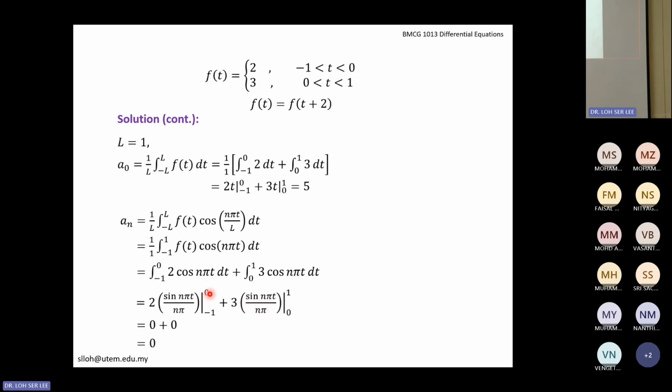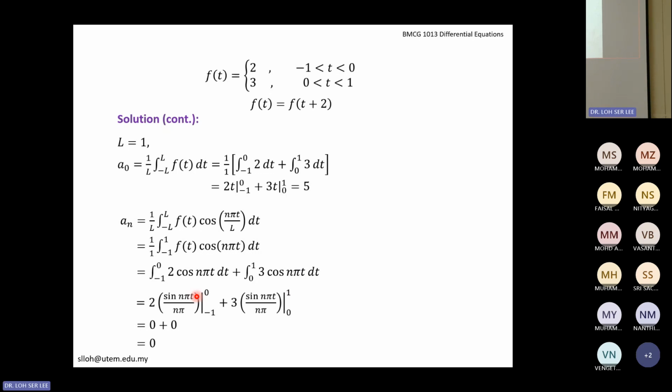Now we substitute the 0 into t. Sine 0 is 0. Then we substitute -1 into t, you have negative n pi, that means sine negative n pi. Sine negative n pi equals negative sine n pi.